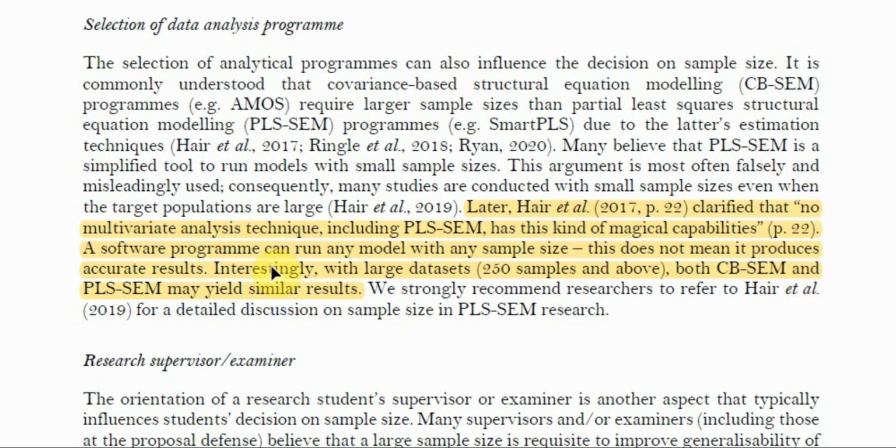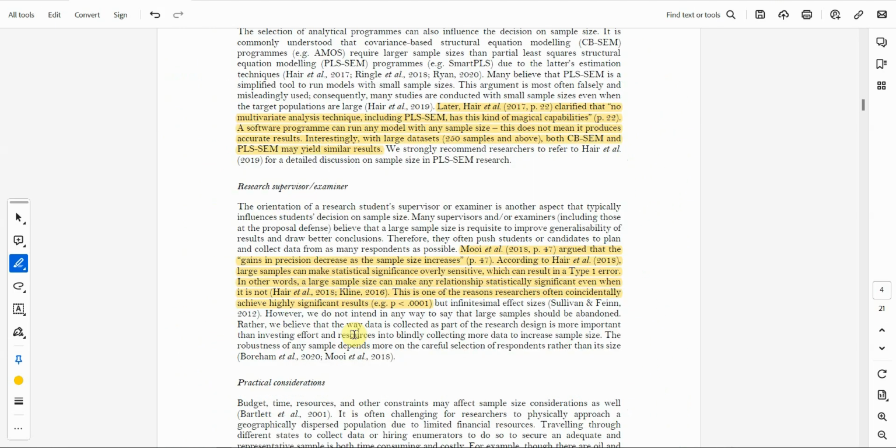This does not mean it produces accurate results. Interestingly, with large data sets, 250 samples and above, both CB-SEM and PLS-SEM may yield similar results. Again, you need to read Hair et al. 2019 for a detailed discussion on sample size in PLS-SEM research. The full reference is at the end of this paper.